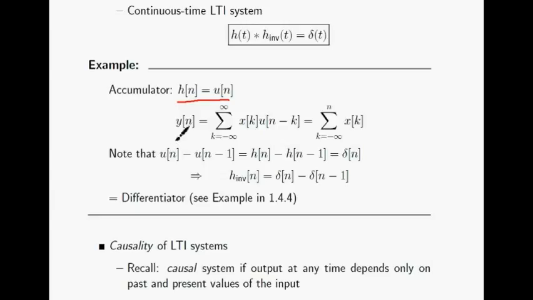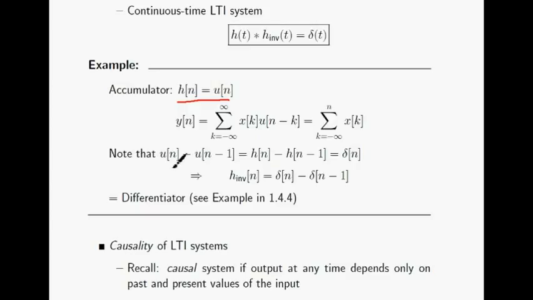You have an accumulator where h of n equals u of n, and y of n is the convolution sum, and if I put u of n minus k in place of h of n, this will be valid from minus infinity to n. So the output will become the summation of x of k from k equals minus infinity to n, because this becomes 0 when k lies between n and infinity.